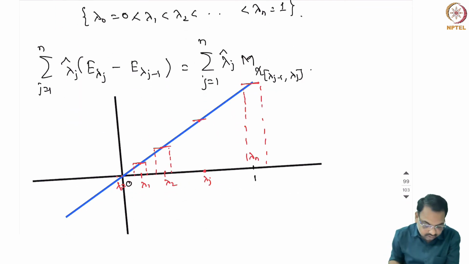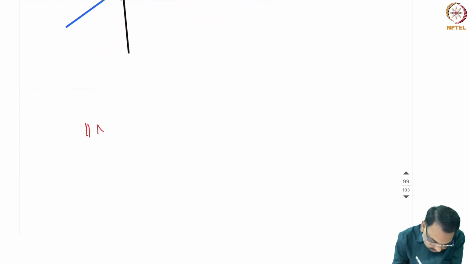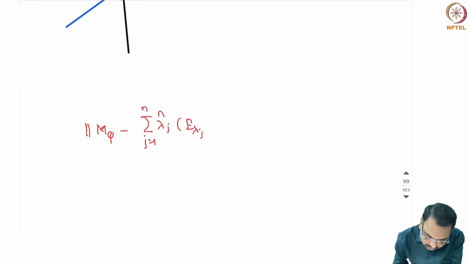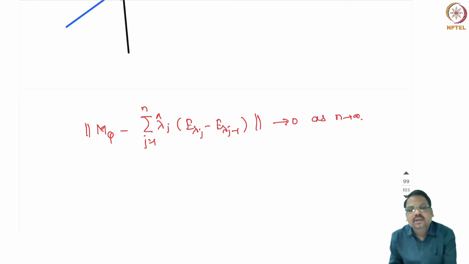And we know that if you look at approximations like this, they approximate the original function phi. So we can actually show that the norm of M_phi minus summation j equal to 1 to n of lambda_j-hat (E_lambda_j minus E_lambda_(j-1)) goes to 0 as n tends to infinity.